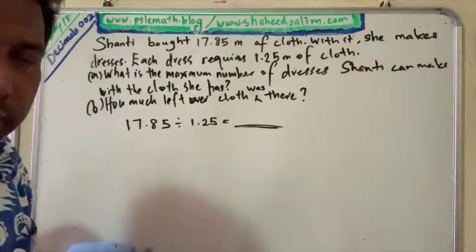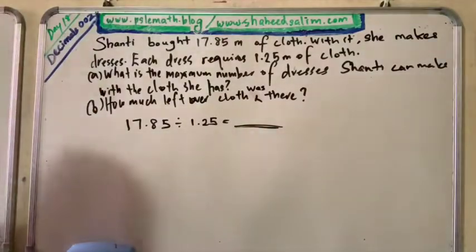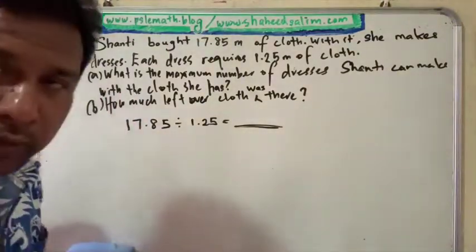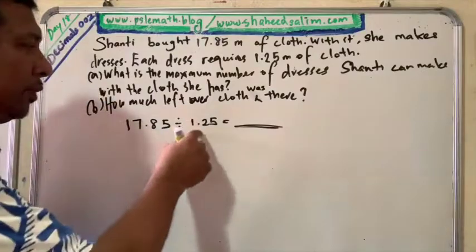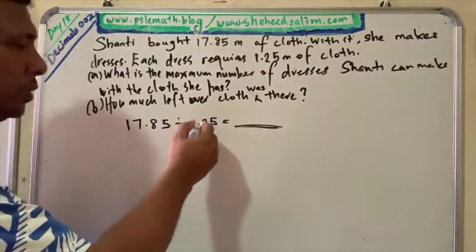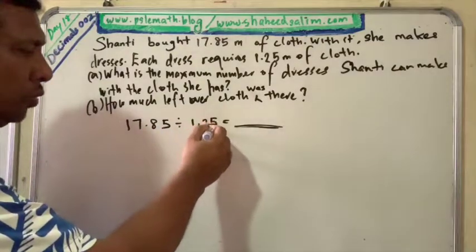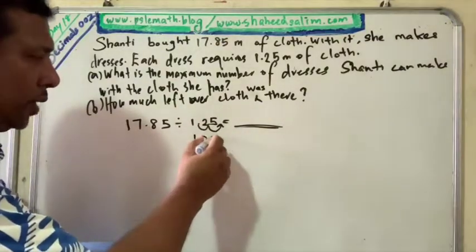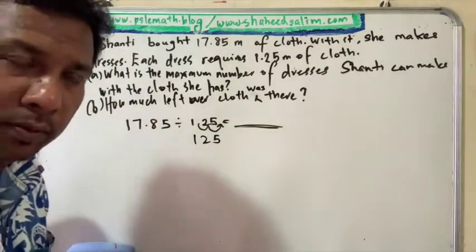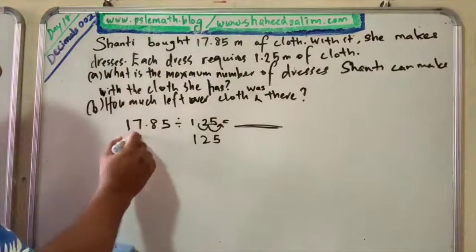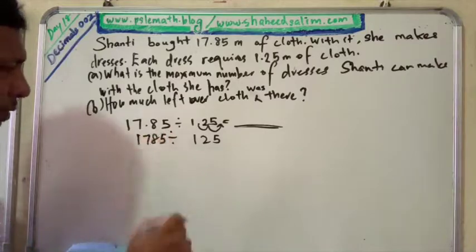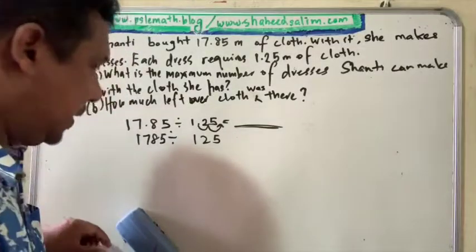Now, as mentioned earlier in question 1, it is best to remove the decimal place, especially from this number. So if you times this by 100, you are shifting 2 decimal places. So this becomes 125, right? And you shift 2, it becomes 1785.